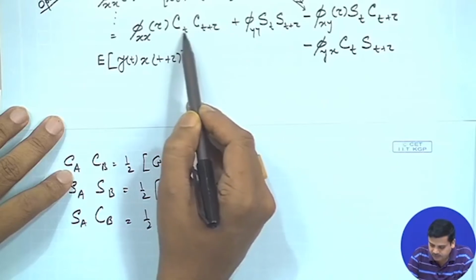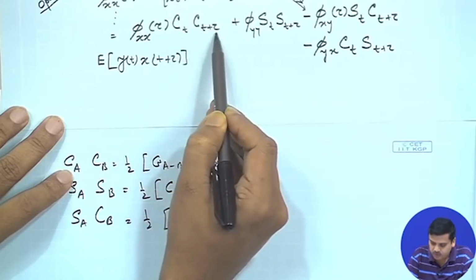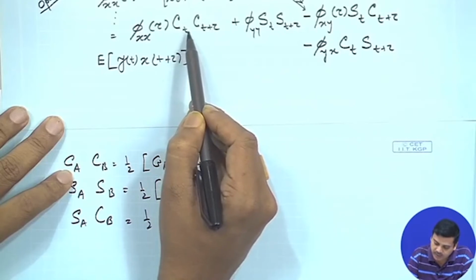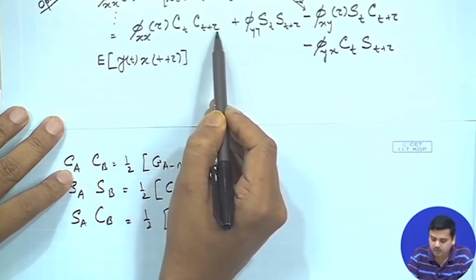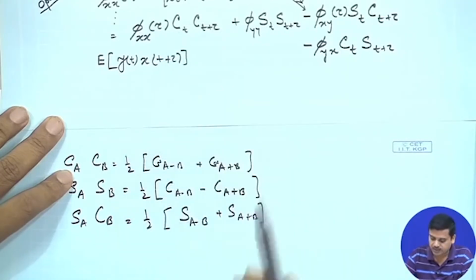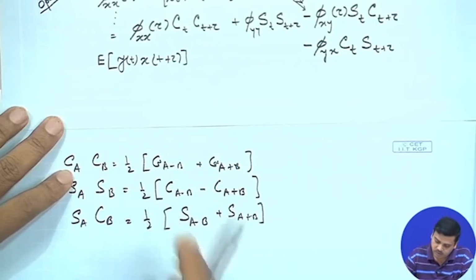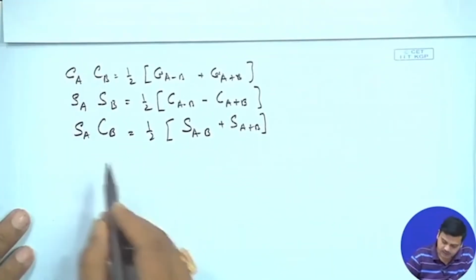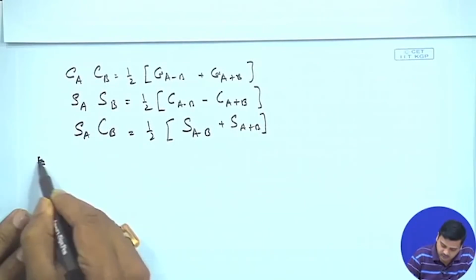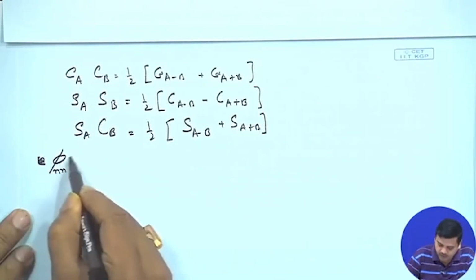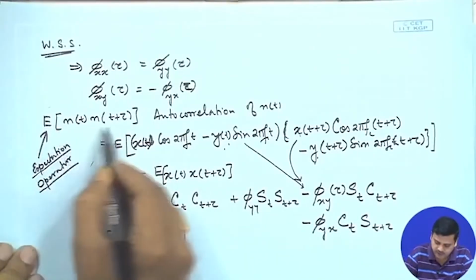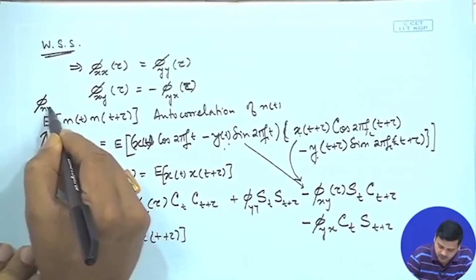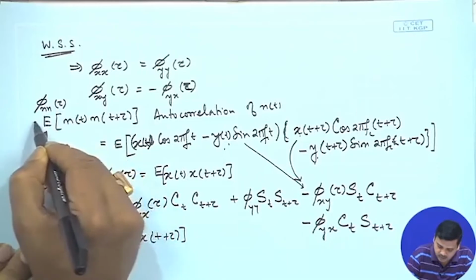So, then you are going to have cos(a minus b), where you are going to be left with a cos of tau, that means cos(2 pi f_c tau), and the second term will be cos(2 pi f_c (2t plus tau)), because you are going to have this thing. So, we will be writing these terms accordingly, and what you can get is phi_n(tau), that is what we have here. This is phi_n(tau) equal to this.